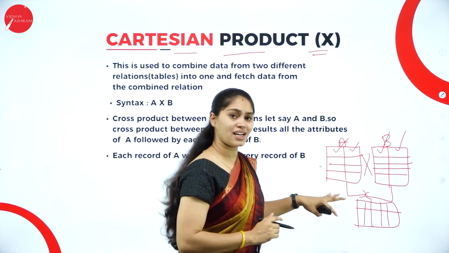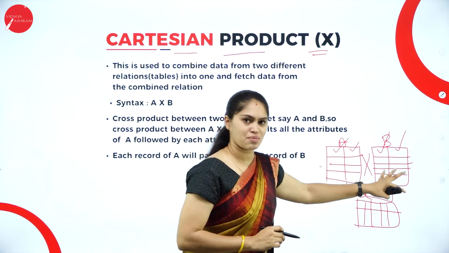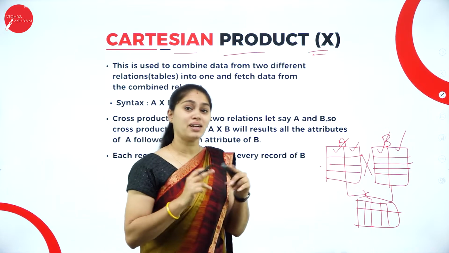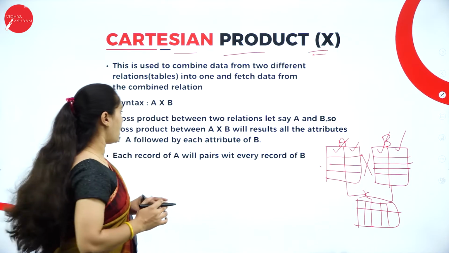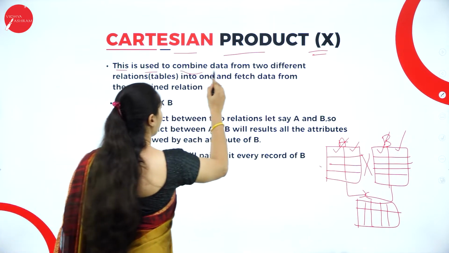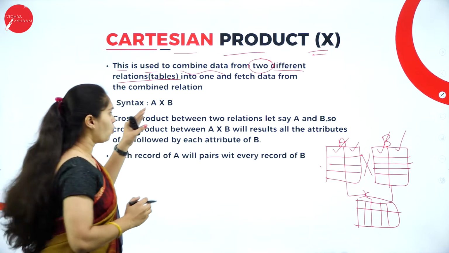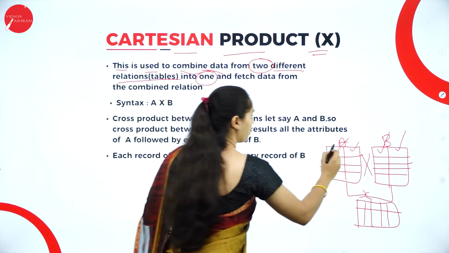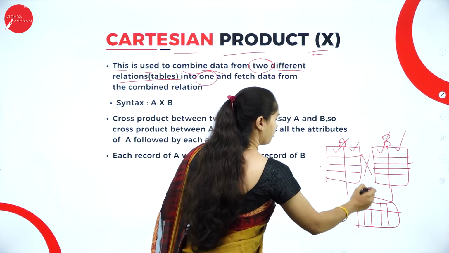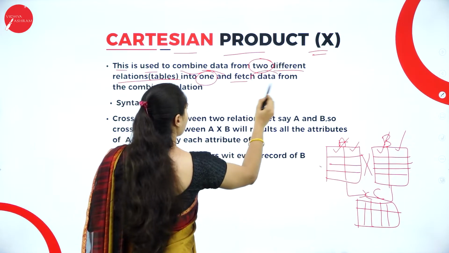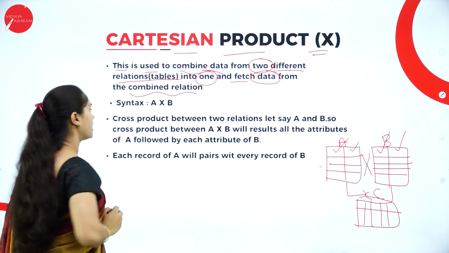So we can fetch the data from A as well as B, combined together. This is used to combine the data from two different relations into one, forming a new relation so that we can fetch the data from the combined relation.